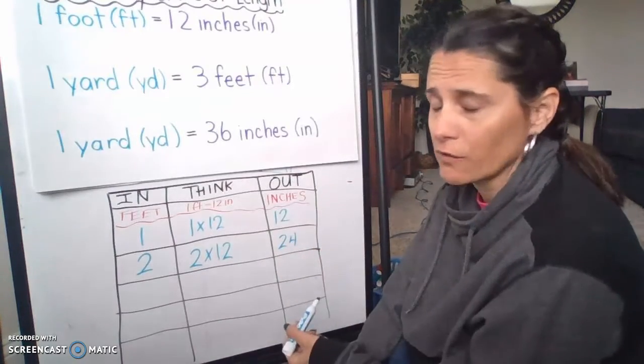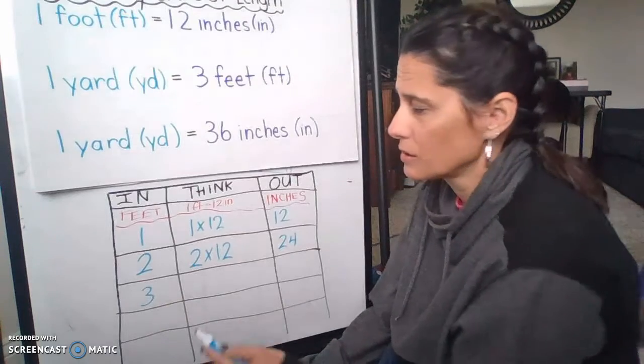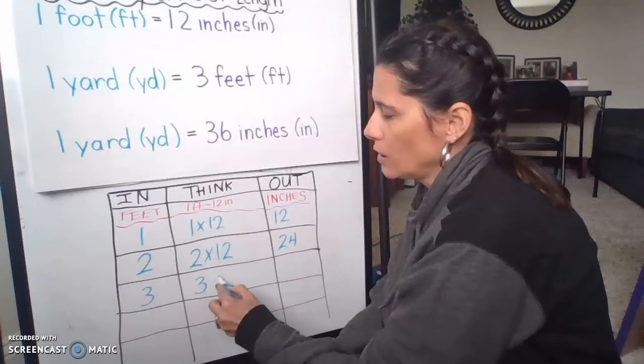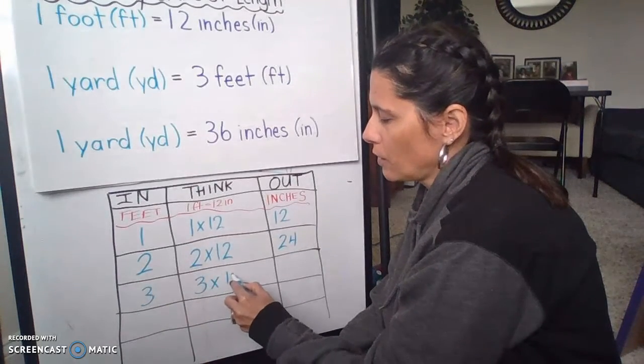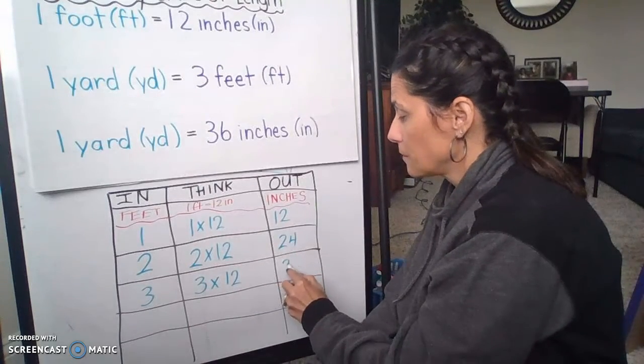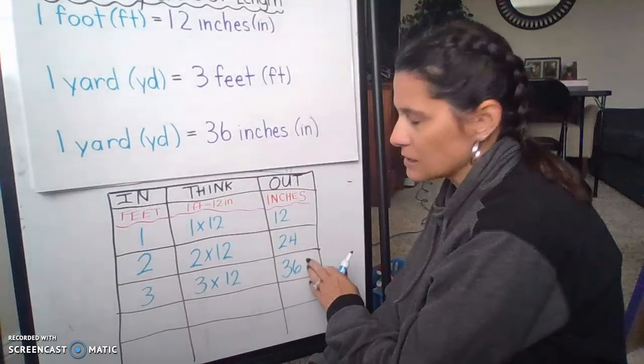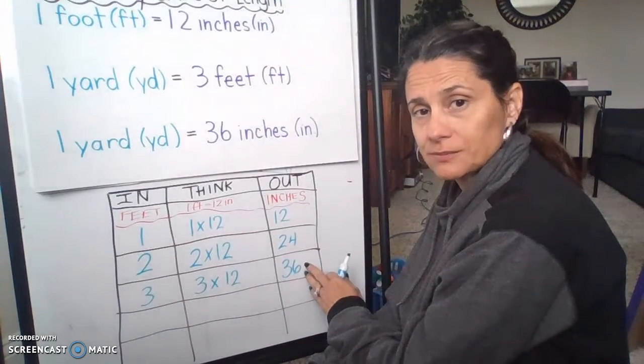So out comes 24. Now let's see, I have 3 feet, 3 rulers. Now I have 3 groups of 12, and 3 times 12 is 36. So that means 3 feet is the same as 36 inches.